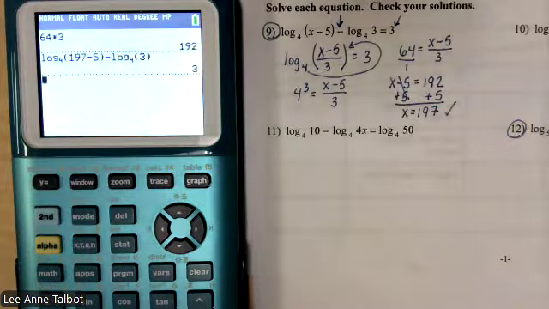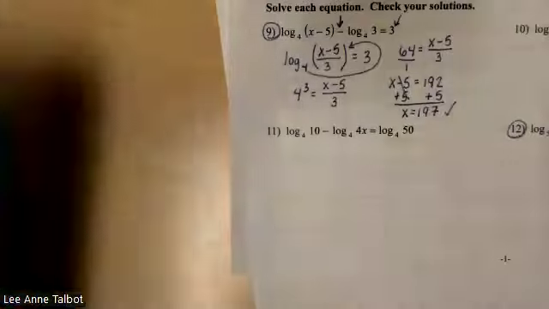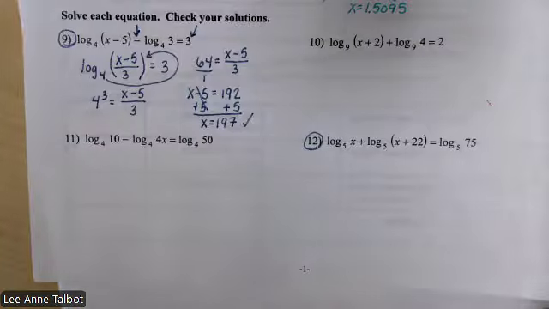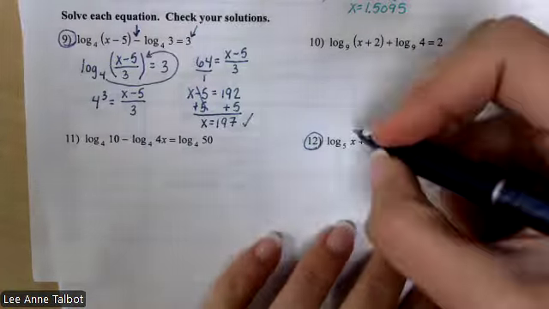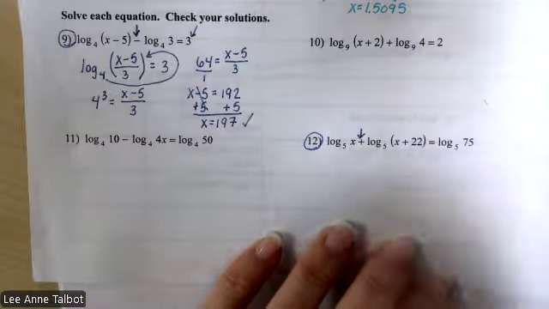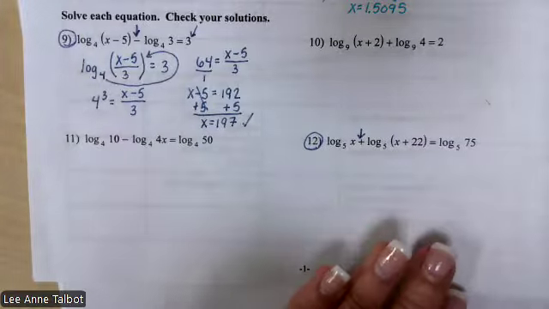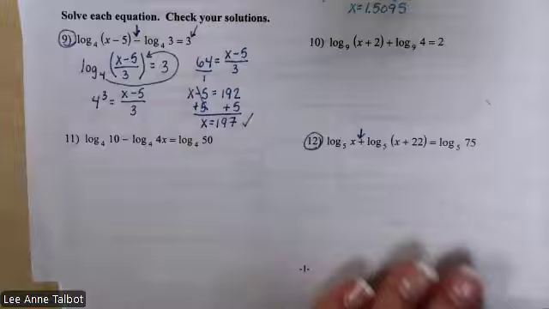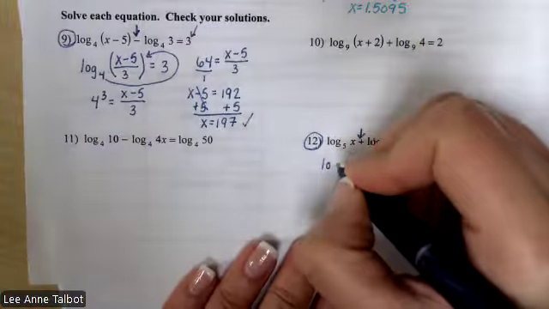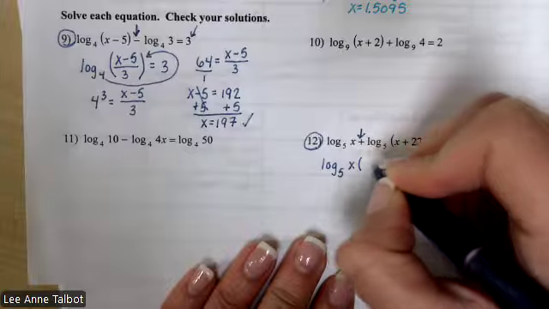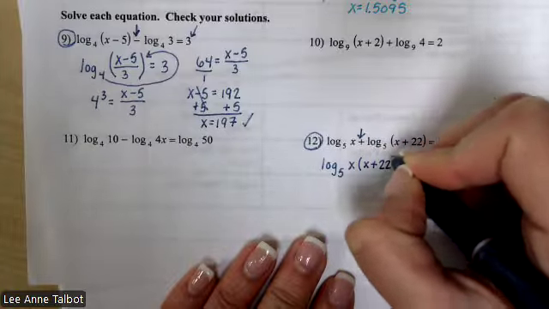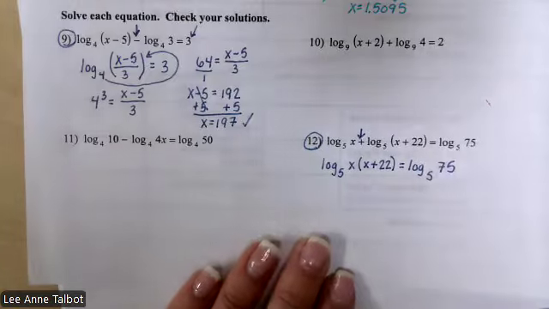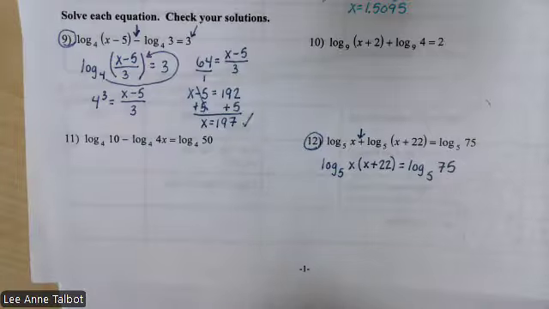Okay, now let's go over to number 12. I know it's weird that we're doing them like this, but I wanted to make sure that I represented both types before you started your quiz review. Okay, so step 1, find the operation. This operation is plus, which means multiplication. We're going to condense these two into one log with multiplication.